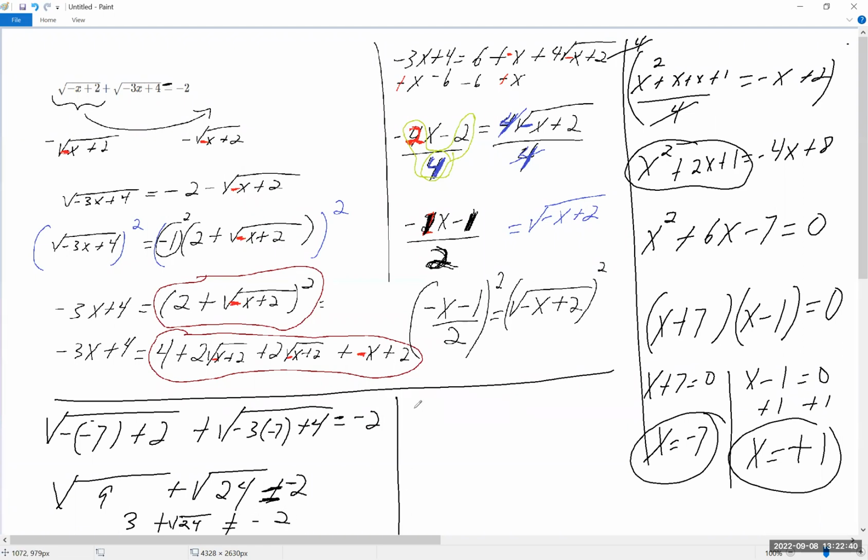And now I'm going to plug in a 1 and we're going to get the same kind of thing happening, probably. Although not necessarily.